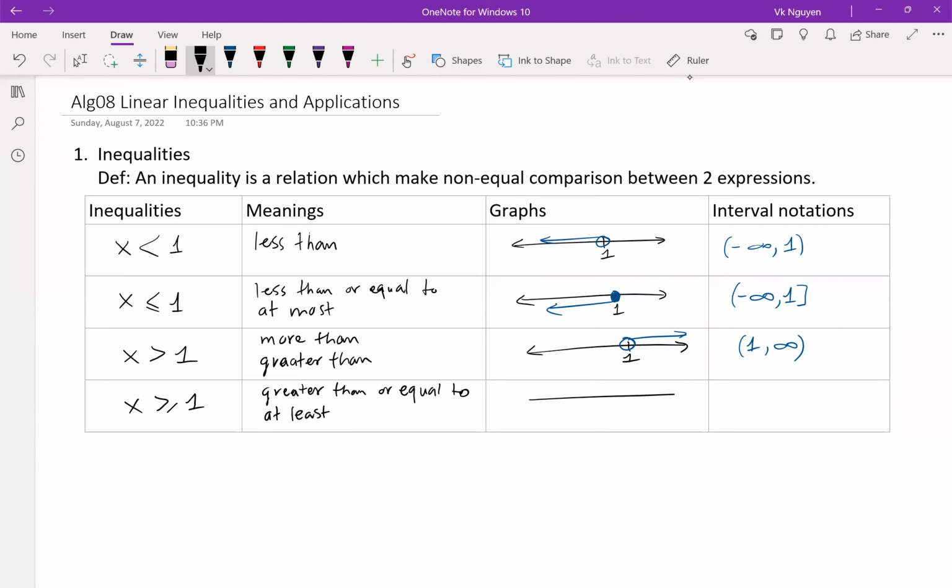Here comes the graph. 1, and because we include 1, we use a solid circle. The arrow goes to the right. Bracket on 1 to infinity.